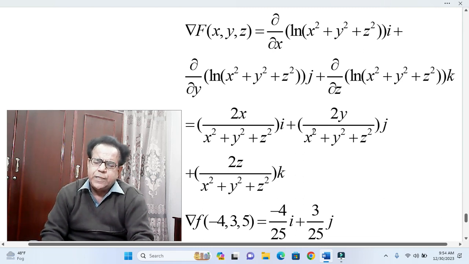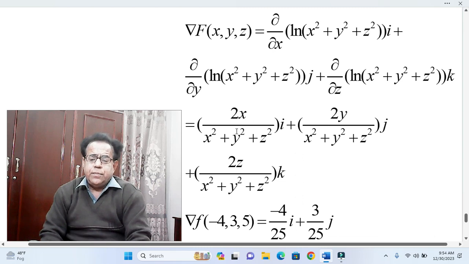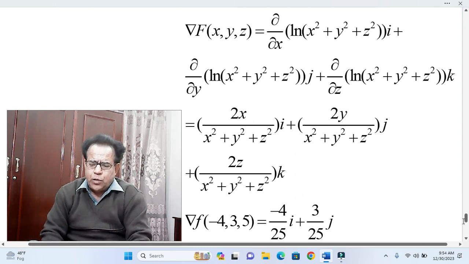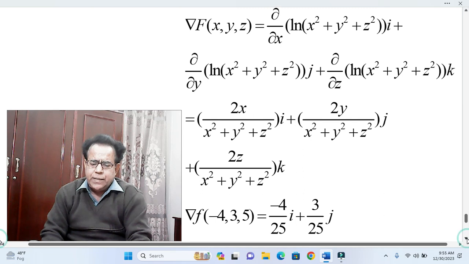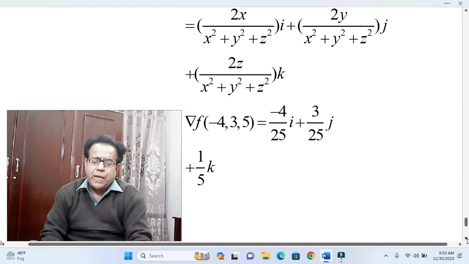So quite simple. i, j, k, 2x, 2y, 2z. Now in the next step we will just use the values: in place of x minus 4, in place of y 3 and in place of z 5, and hence our answer will become minus 4 by 25 i plus 3 by 25 j plus 1 by 5 k.